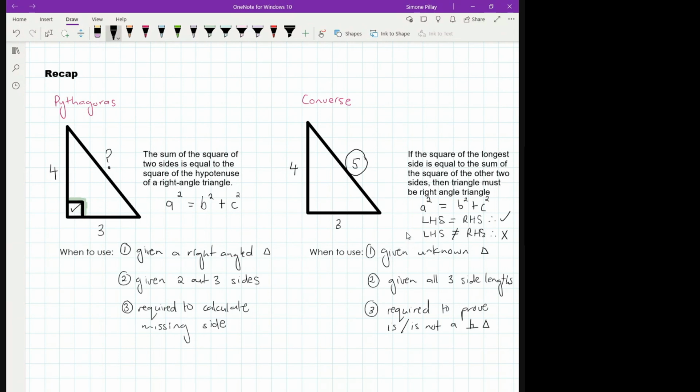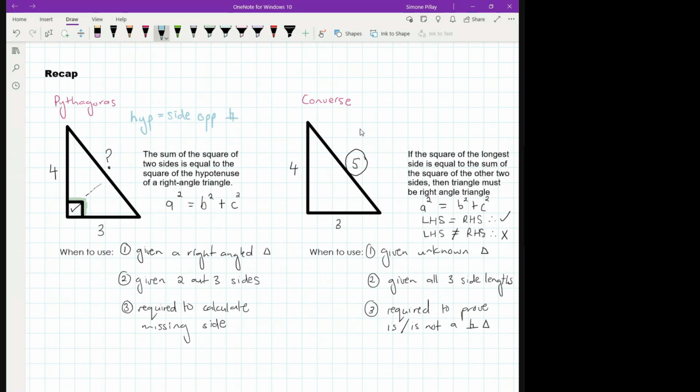Now, what about the hypotenuse? How do we know which side is the hypotenuse? That was something else that we covered. When we're not given all the lengths of our sides, so here I don't know the length of this side, I can't tell you which side is the longest side. When I don't know all the lengths, my hypotenuse is going to be the side opposite your right angle, okay?